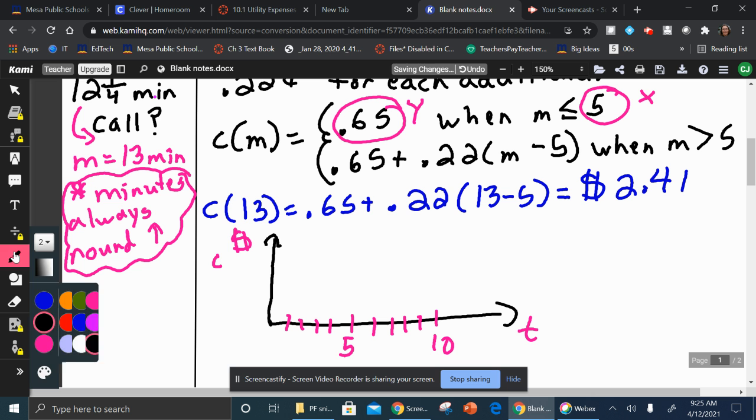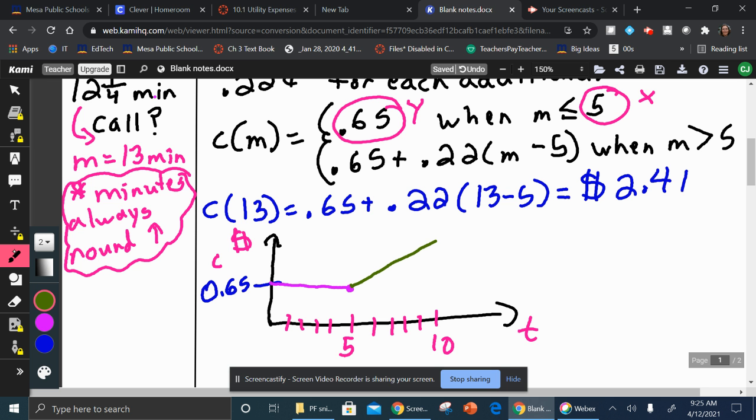Okay, so we're going to put 65 cents right there. So we're going to go all the way to 5. And then after 5, it's going to increase. Okay, so this is the cusp.